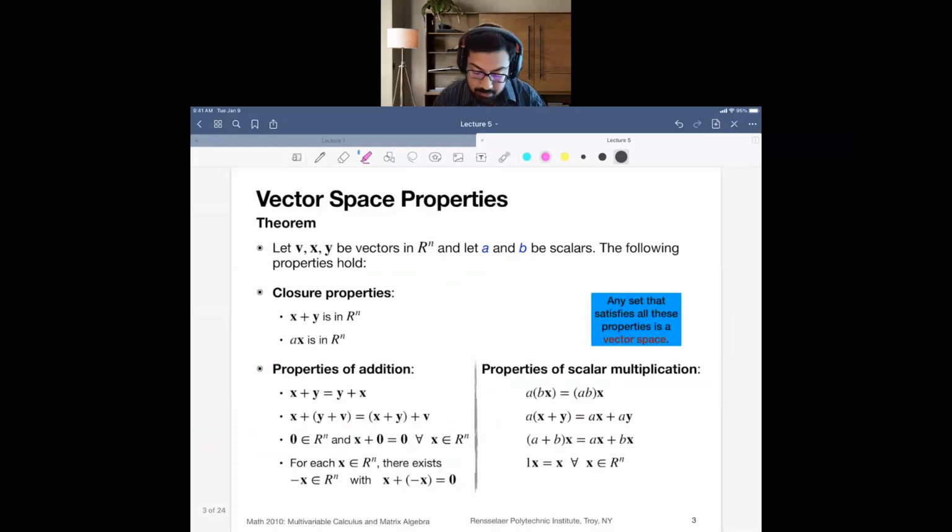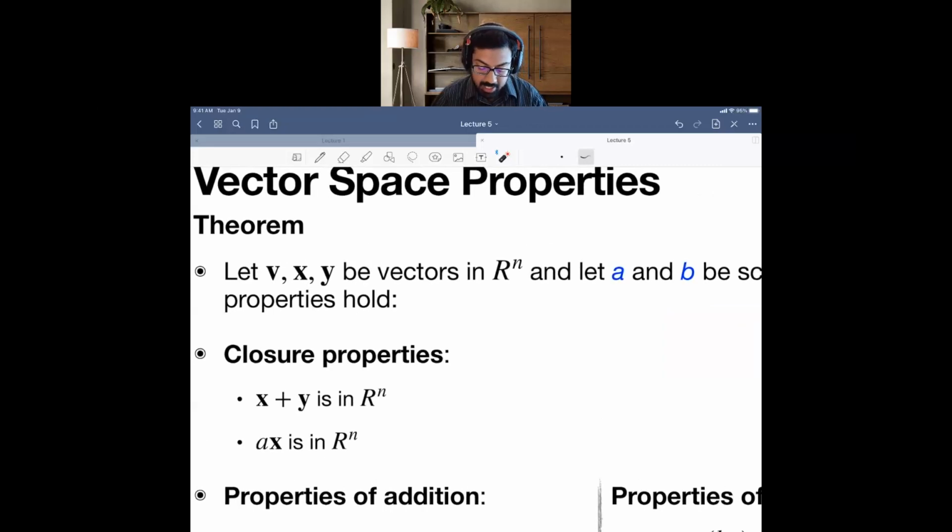Let's take a look at some properties for such vectors. These are the vector space properties, and we'll use some vectors as things that you will see in those properties. I'm using v, x, and y as 3 vectors in R to the n.